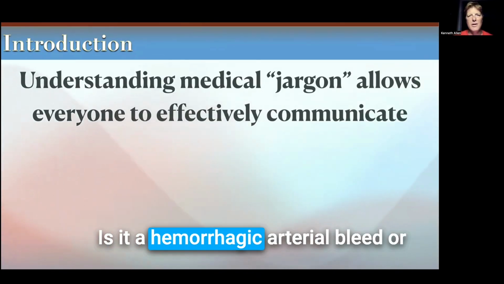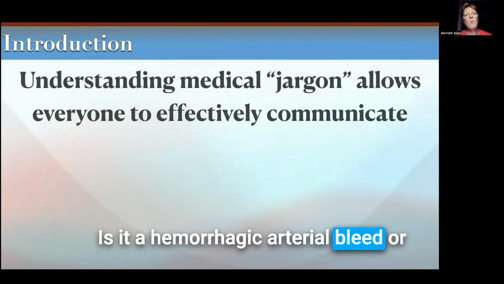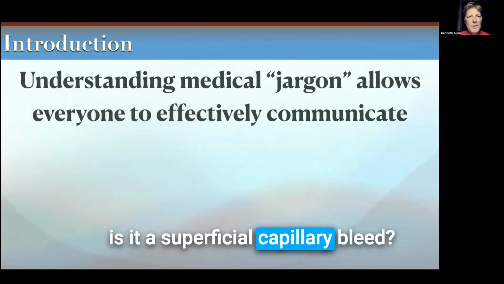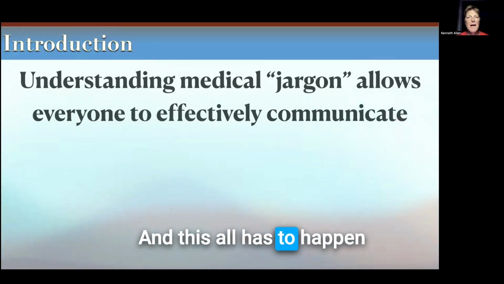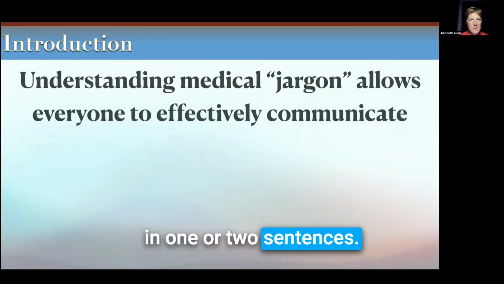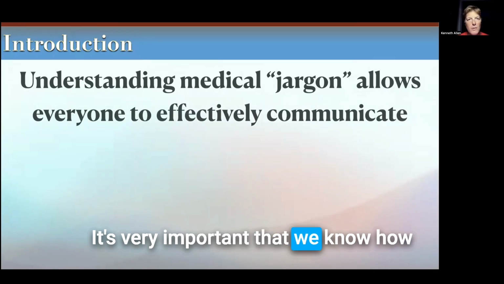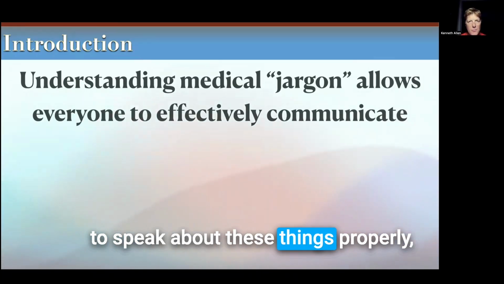Is it a hemorrhagic arterial bleed, or is it a superficial capillary bleed? Have we managed it with our traumatic care? And this all has to happen in 1 or 2 sentences. It's very important that we know how to speak about these things properly.